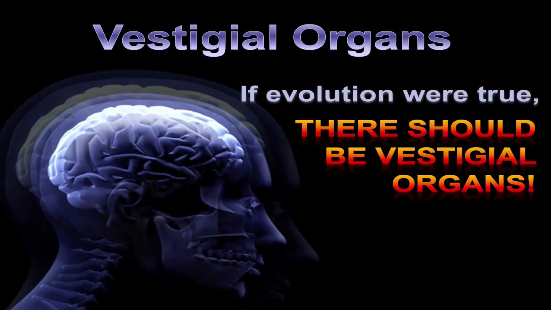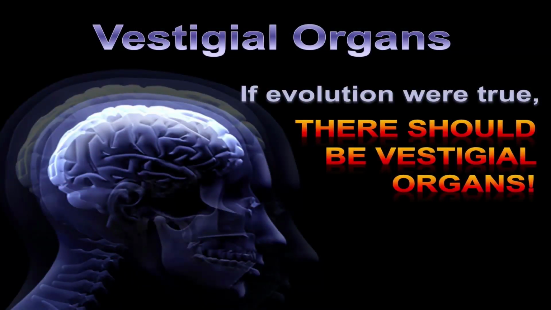Once again, textbooks still will promote this false idea. Young people are being duped into believing evolution because of these kinds of supposed evidences. But don't miss the major implication of this brief look at vestigial organs. Remember, based on evolutionary predictions, if evolution were true, there should be vestigial organs. They themselves say that, and yet they're not there.